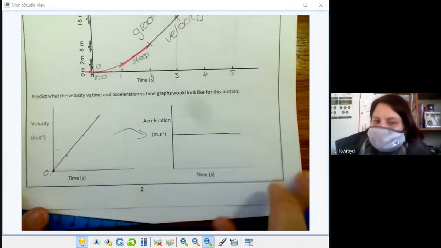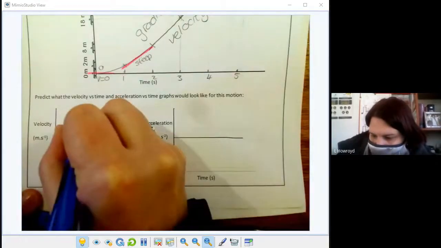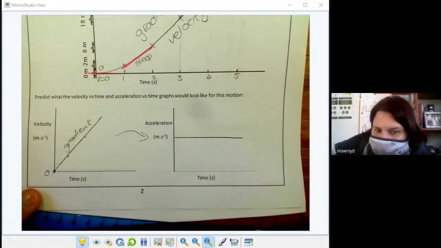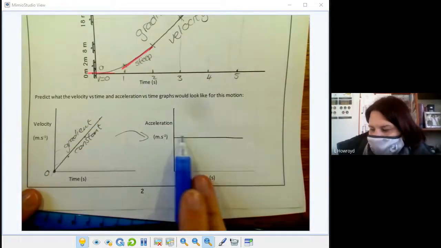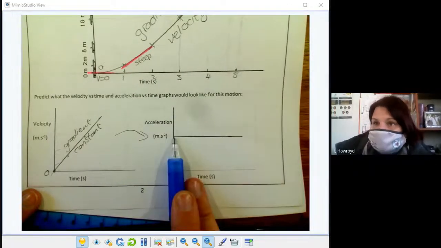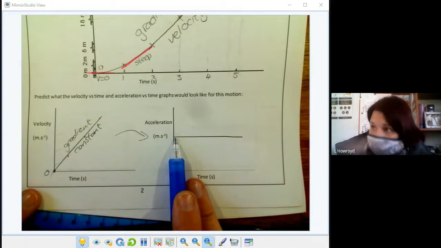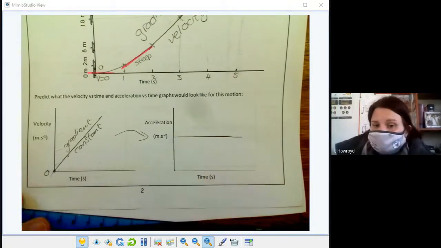But look at the gradient. The gradient of the velocity time graph is constant, and so my acceleration is constant. I'm not sure yet what it is. We haven't done calculations yet, but I know that's what it would look like. Any questions on this?